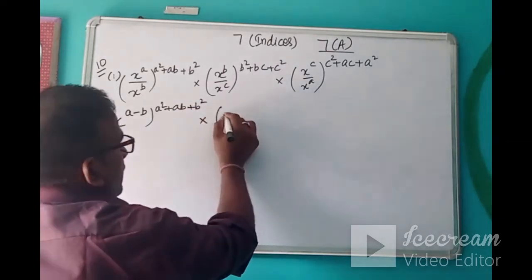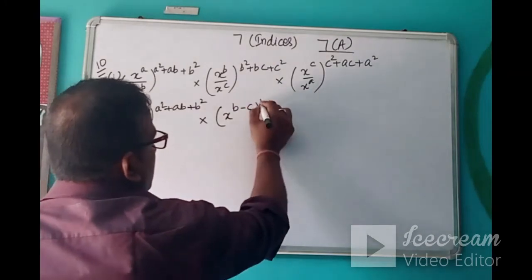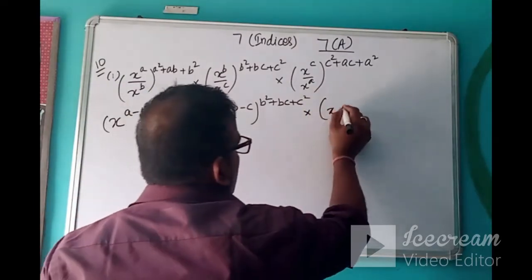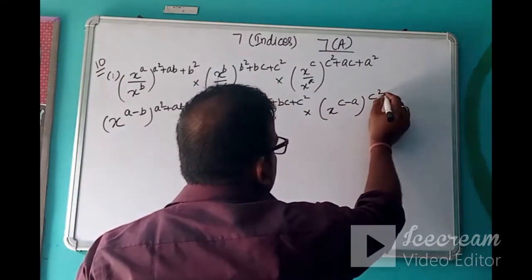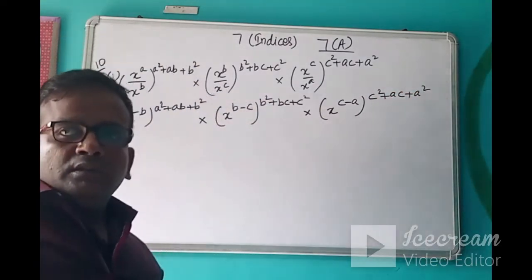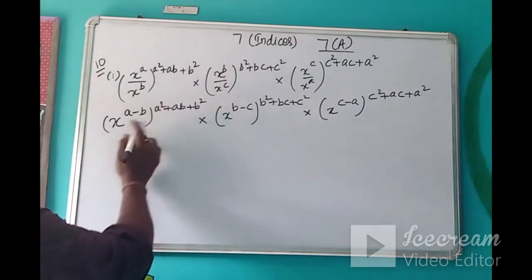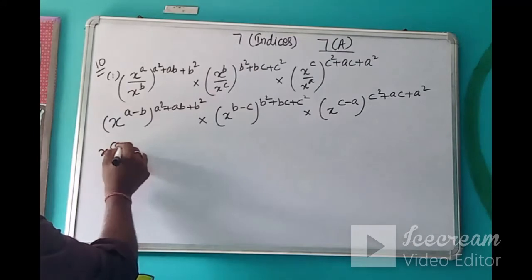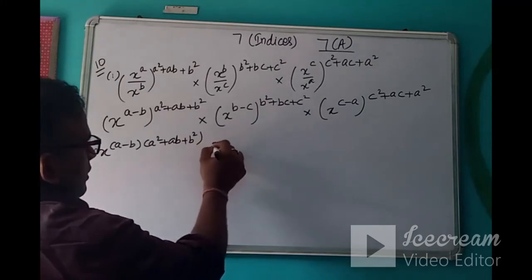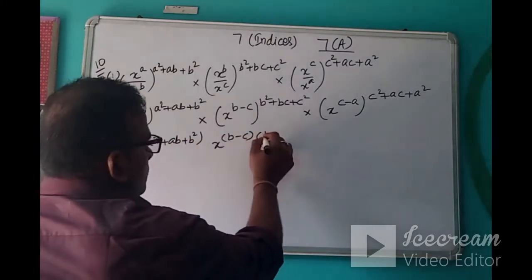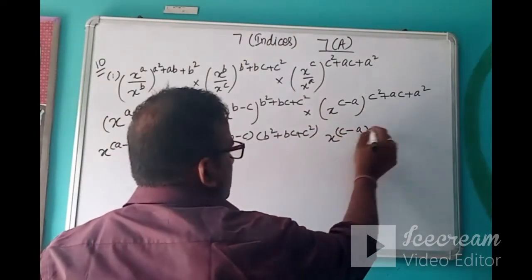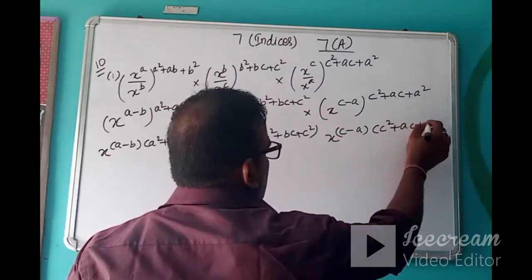Similarly, it becomes x to the power b minus c into b square plus bc plus c square, into x to the power c minus a into c square plus ac plus a square. Then again we will multiply these two powers. So your result will look like this: a minus b into a square plus ab plus b square, b minus c into b square plus bc plus c square, and c minus a into c square plus ac plus a square.